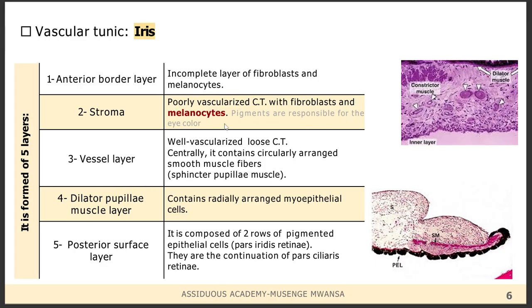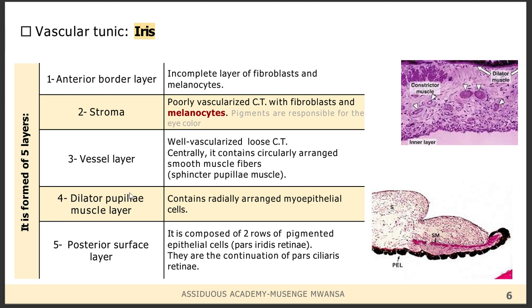Pigments are responsible for eye color. So these melanocytes which are found in the iris determine the eye color. The vessel layer is well vascularized and has loose connective tissue. Centrally, it contains these circularly arranged smooth muscle fibers.